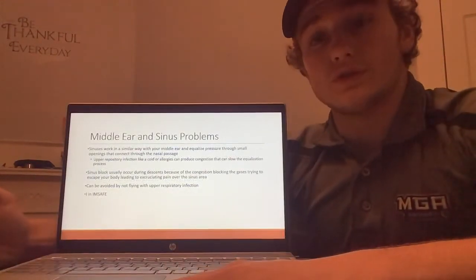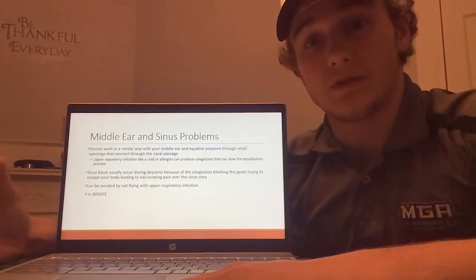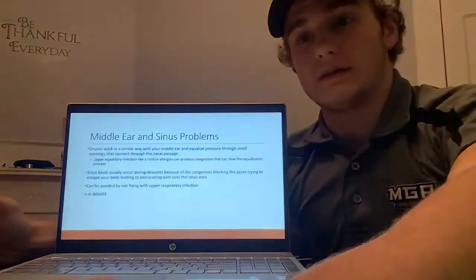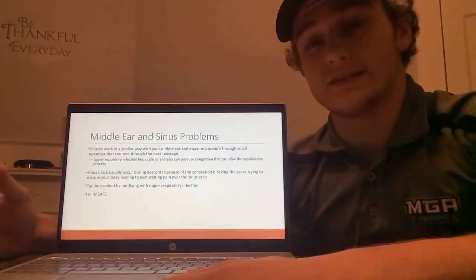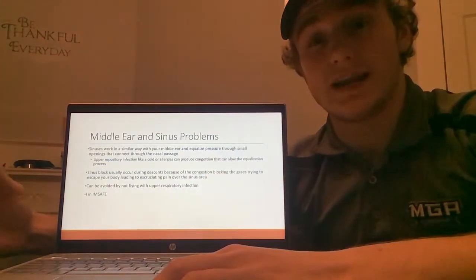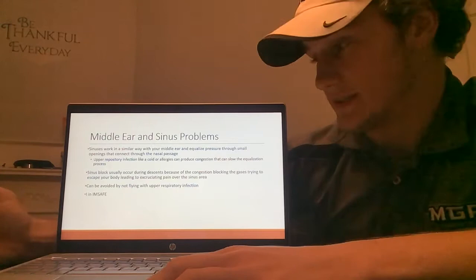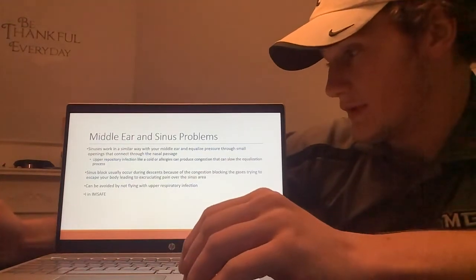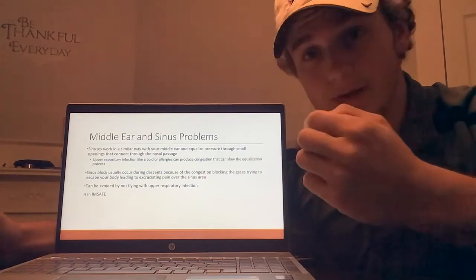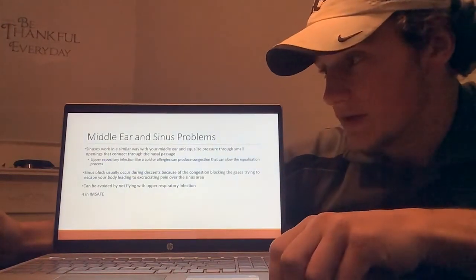Similar to your middle ear is your sinuses. They work on the same principle as your gases, trying to equalize the pressure inside and outside your body. Except your sinuses go through small openings that connect through your nasal passage as well.